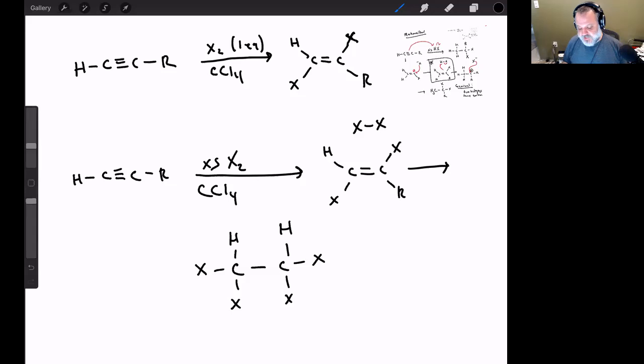And so again, I think this is an example of a reaction where if you're familiar with the reaction of the alkene, and you consider whether or not we're going to do it in excess or one equivalent, then at the end of the day, it really is not a big leap of new material in order to think about what the product might be of these reactions. You're still going to get anti-addition in the first case, where you do one equivalent of X2. And if you just add enough X2, then you'll get X2 added everywhere.